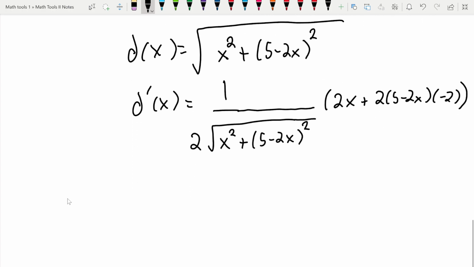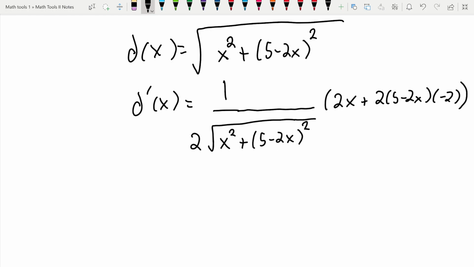So now we're going to be looking for where is the derivative 0 or where is this undefined. Now we can simplify this a little bit. It's not going to be undefined anywhere because this part's never going to be 0, right? First of all, we're taking a positive number and adding it to a positive number, because these are both squared.